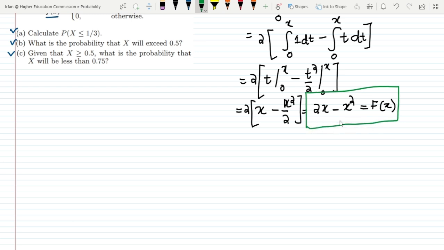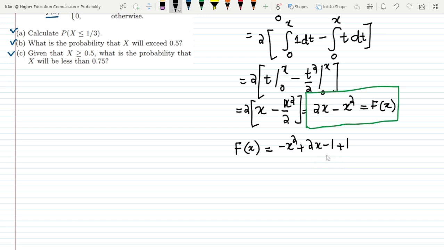In order to simplify it more, let me add and subtract 1 here. So adding and subtracting 1, this is f of x, and here I will have minus x square plus 2x, and let me subtract 1 and add 1 with it as well.